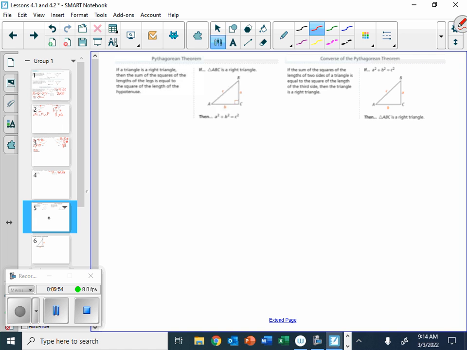So Pythagorean theorem: if a triangle is a right triangle, so it must be a right triangle, it does not work for any other triangle, then the sum of the squares of the legs is equal to the square of the length of the hypotenuse. You need to remember that for a right triangle, the hypotenuse is always the side across from the right angle.